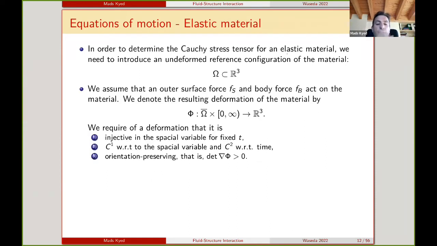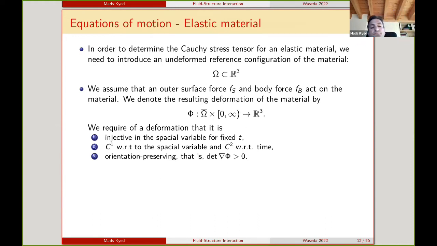Okay, so I'll use omega as an undeformed reference configuration of my material. Now we assume that a surface force, Fs, and a body force act on the material. In this case, the material is deformable, so it will deform. And we describe the resulting deformation by a function capital Phi, which may depend on time. The interval you see here is a time interval.